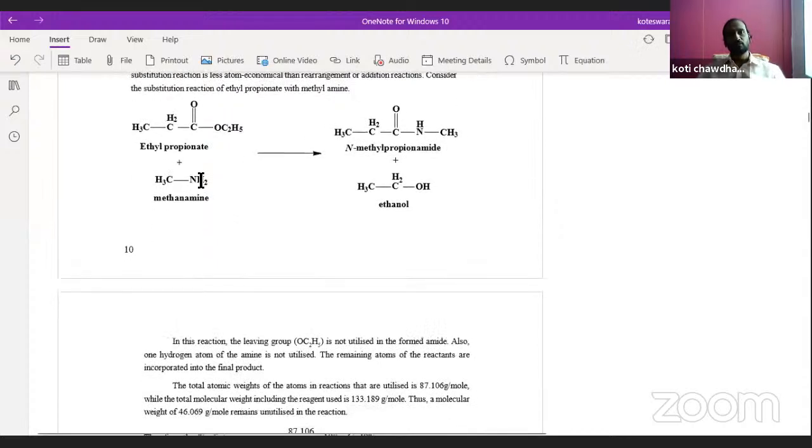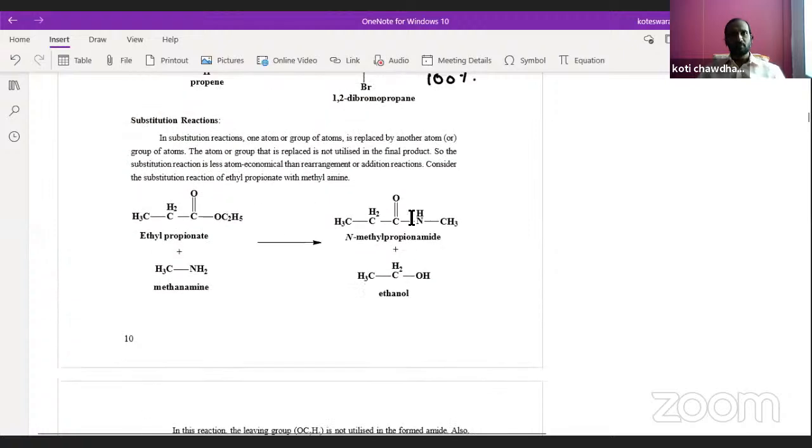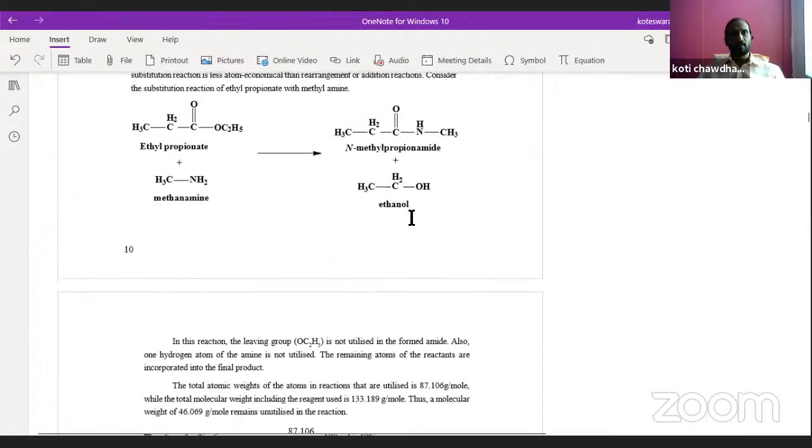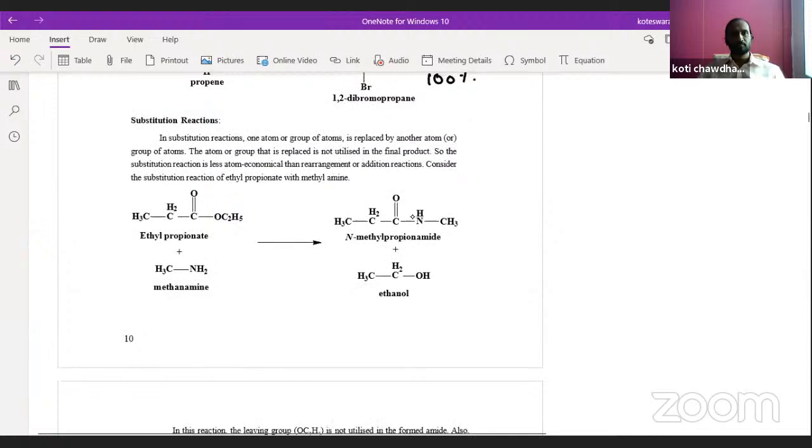Okay, so coming to ethyl propionate reacting with methylamine to give N-methyl propionamide, the NH2 is eliminated in most cases. Both undergo the reaction. Here OEt is eliminated, and from the amine group, hydrogen is eliminated.